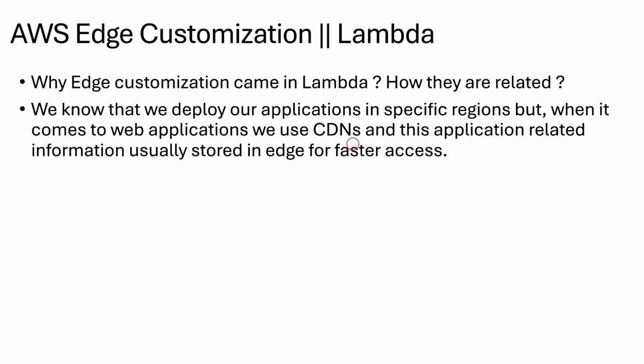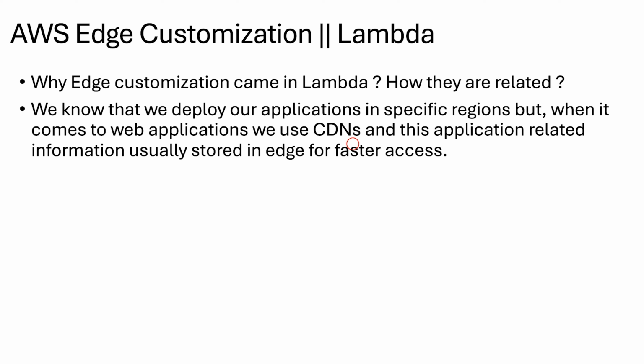For example, if you are accessing my website from India, and the content is stored in India's edge location, then when I access your website, it will go to the nearest edge location and fetch the content from there. So you have much quicker access to the website. Okay, so for that purpose we use CDNs.